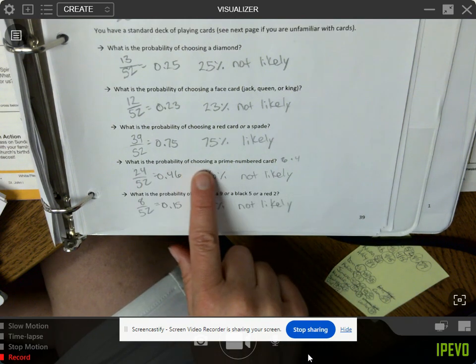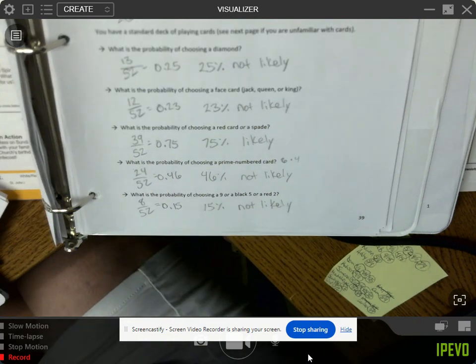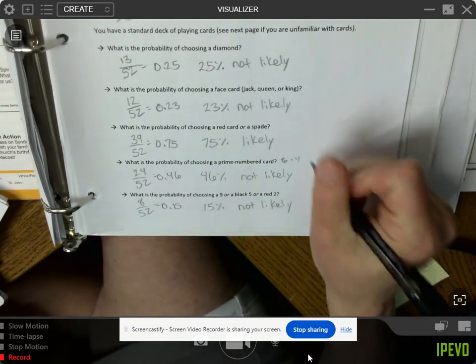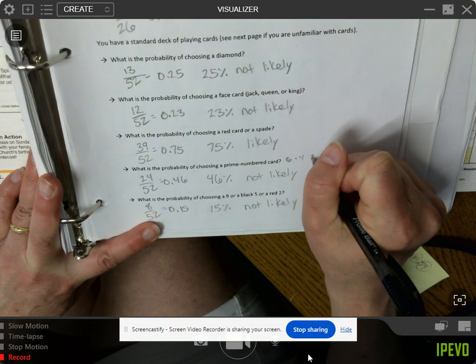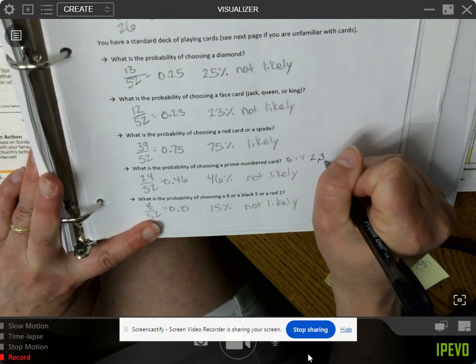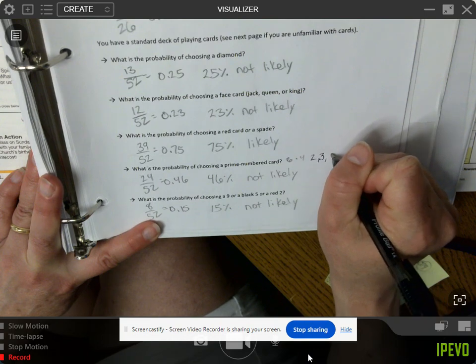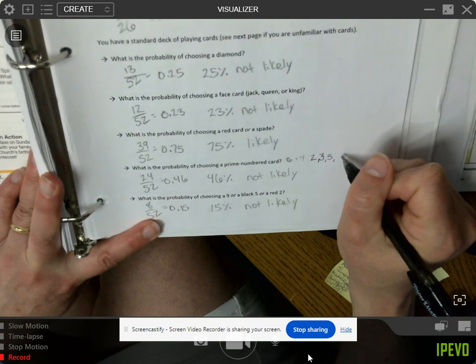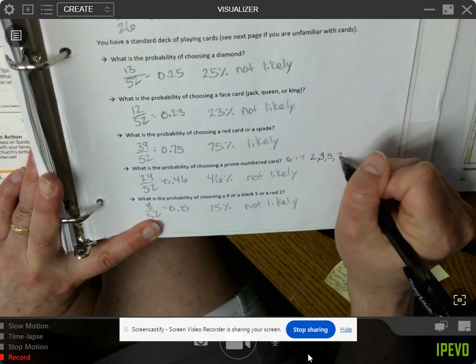What is the probability of choosing a prime number card? So we need to know what our prime numbers are. So 1 is not a prime number. 2 is a prime. 3 is a prime. 4 is not. We can break it down to 2 and 2. 5 is a prime. 6 is not. It can be broken down into 3 and 2. 7 is a prime. 8 is not.